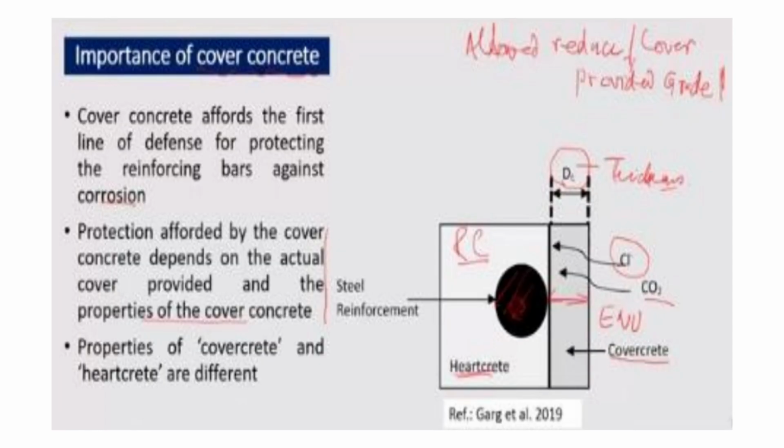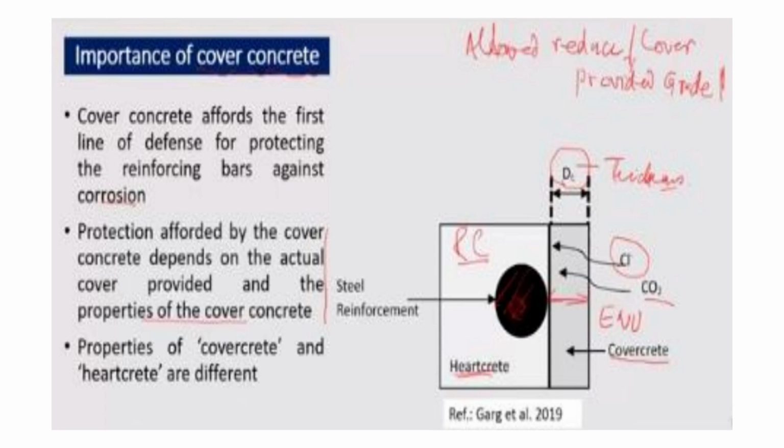Now let us see how we can improve the quality of cover concrete, that is cover grit. Basically we can classify concrete into two parts. One is which is present in the cover, that is cover grit, and second is the interior, with the reinforcements, that is the hard grit.